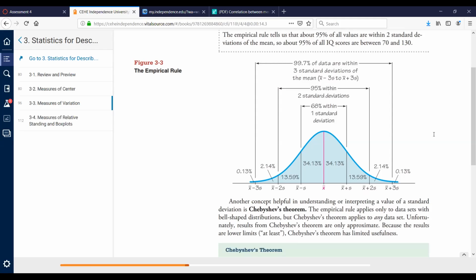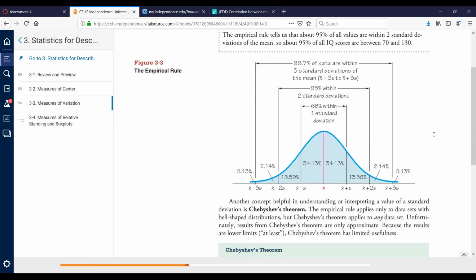So keeping that in mind, we have defined as looking at the likelihood of any random data point falling within 2 standard deviations of the mean is 95%. Just randomly choosing a data point.